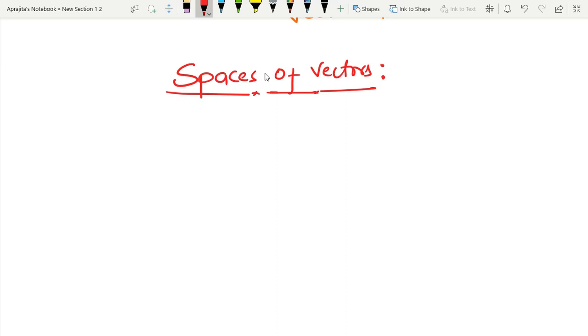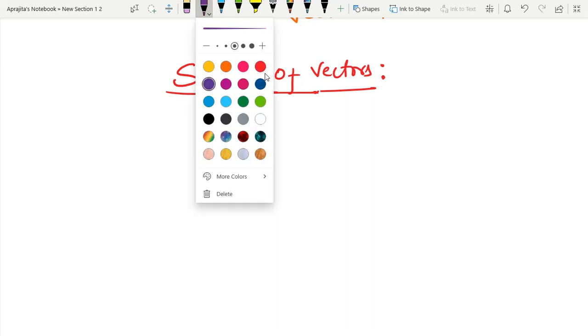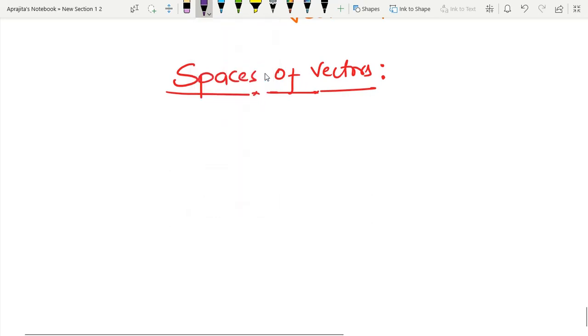In the previous class, what we have observed is that a vector space is a composite object consisting of a field, a set of vectors, and two operations with certain special properties.